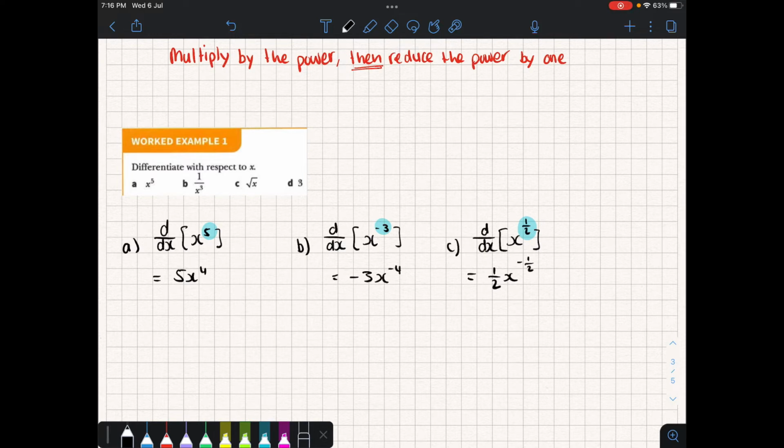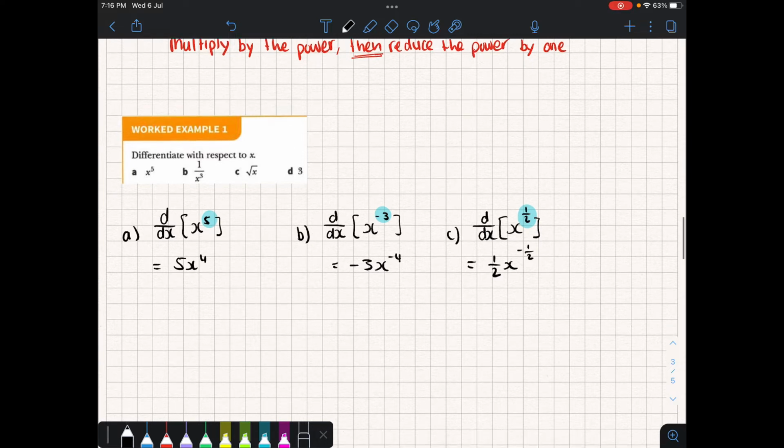Now we can tidy this up. We can also tidy up the previous one. For B, we could have tidied up by saying we have this x to the power of minus 4. Instead of writing it as a negative power, we could have just moved it back to the denominator where it came from.